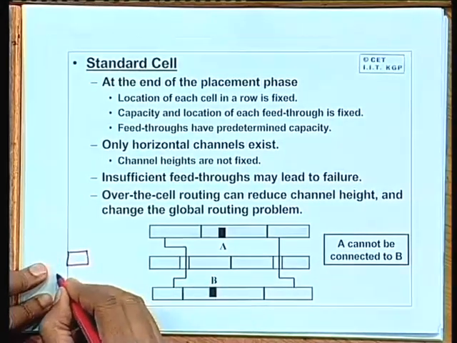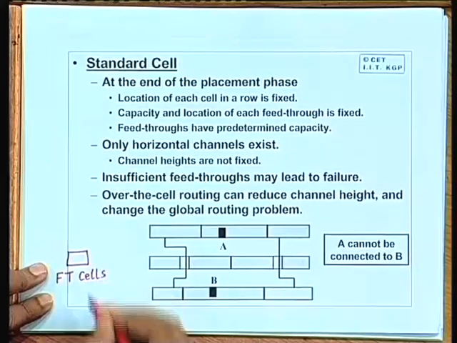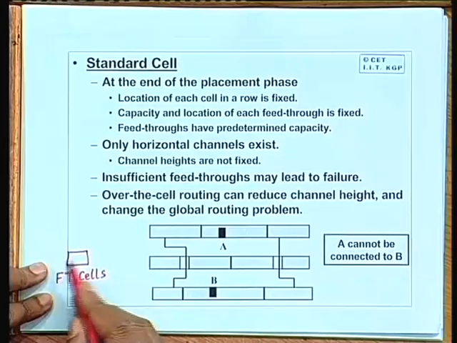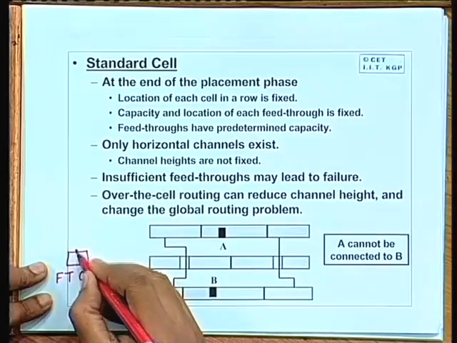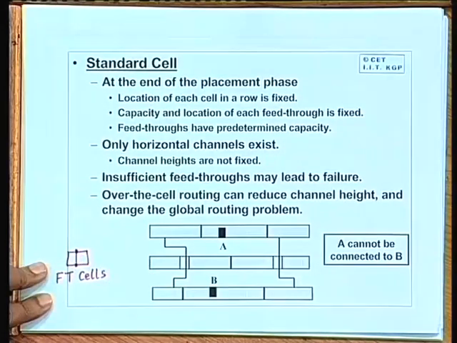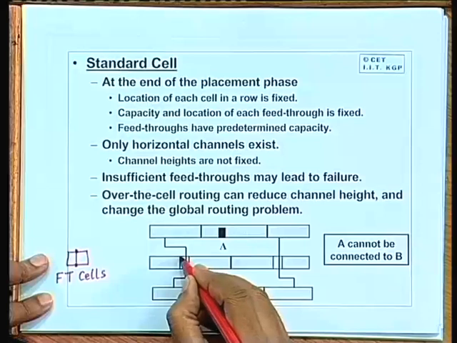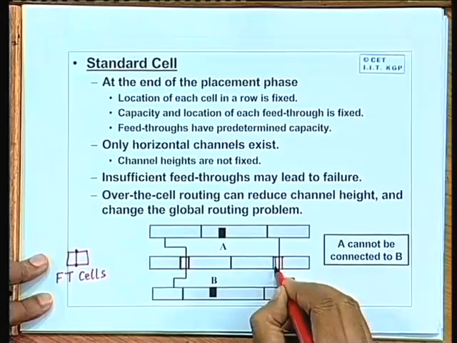These are called feed through cells. Feed through cells do not do any computation, they just connect a pin on the top to a pin on the bottom. For example, in here this represents a feed through cell, this is another feed through cell.